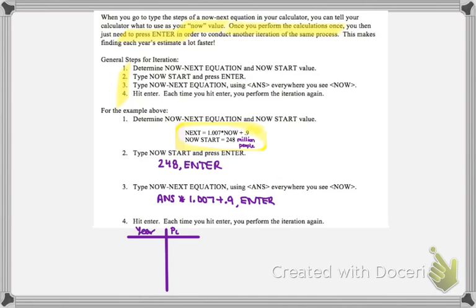Okay, I'm going to put the year here and the population here. And what I'm going to do is start us out at 1990. And remember, 1990 was my 248 million as my starting population.